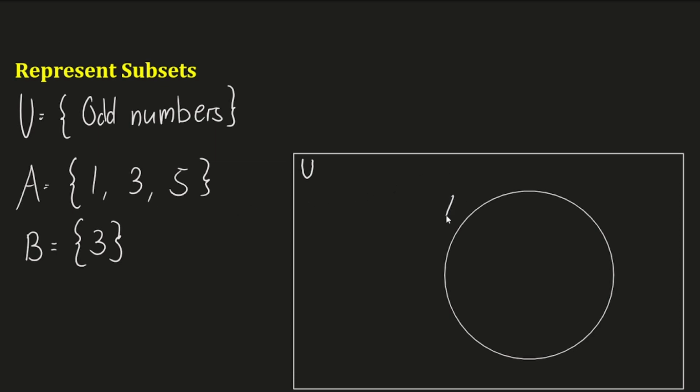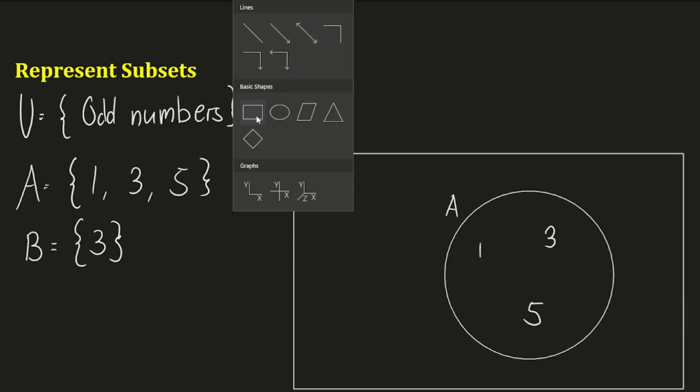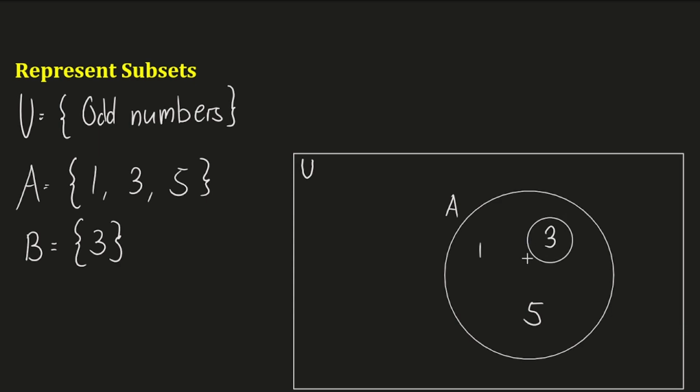Then we have set A here with 1, 3, and 5. And for B, we don't need to put it outside of A, but actually inside of A. And there you go. And let me just label this with B.